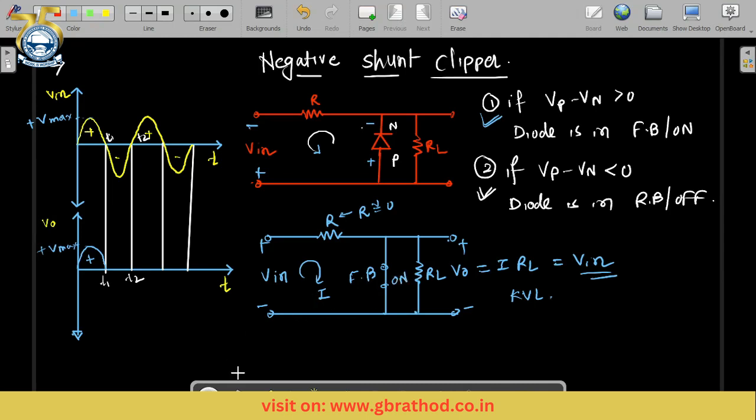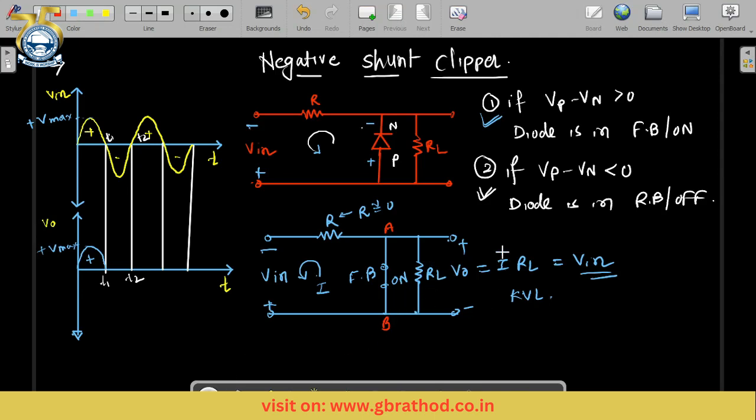At that time, this polarity changes according to the input supply. This is positive, this is negative, and anti-clockwise supply is given. This anti-clockwise current is moving. Now in this circuit, if you consider this terminal, it is nothing but short circuited. If the A and B terminals are short circuited across the load terminal, what will happen?